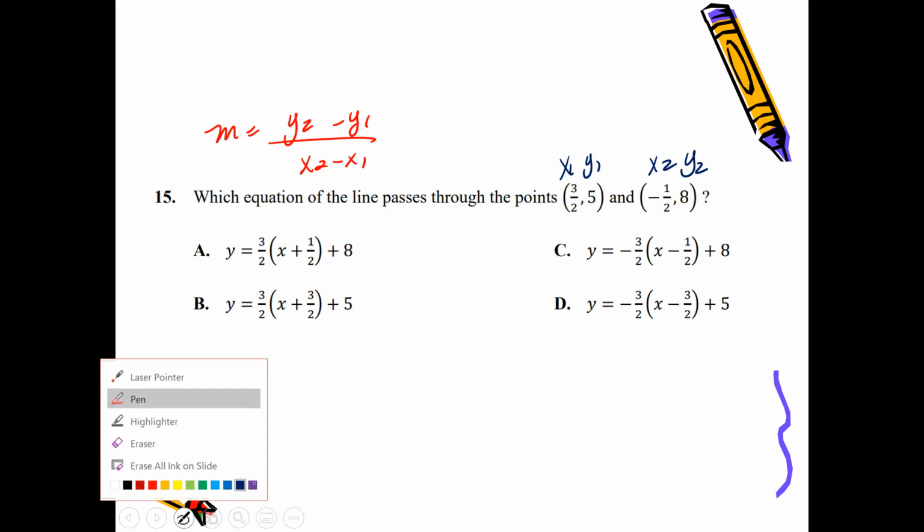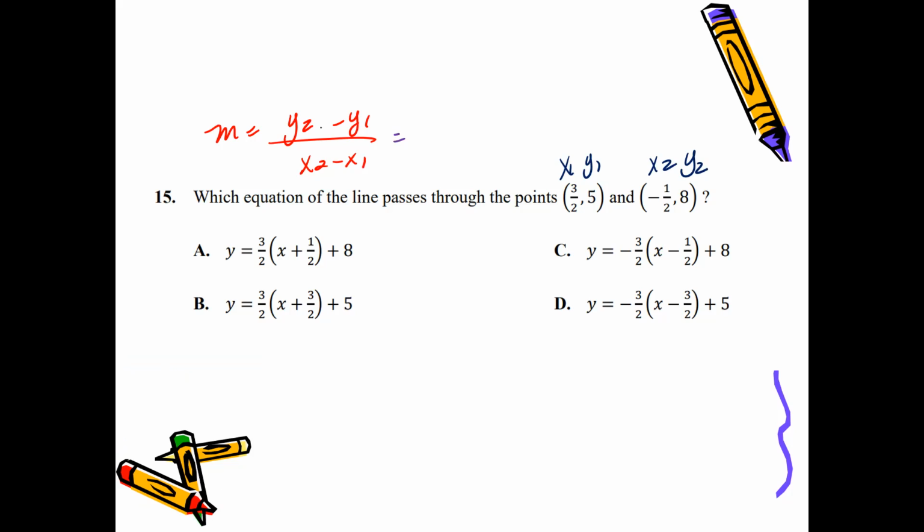All right, so let's go ahead and plug that in. When you plug this in, y2 minus y1 is going to be 8 minus 5 on top, okay? On the bottom, -1/2 minus 3 over 2.